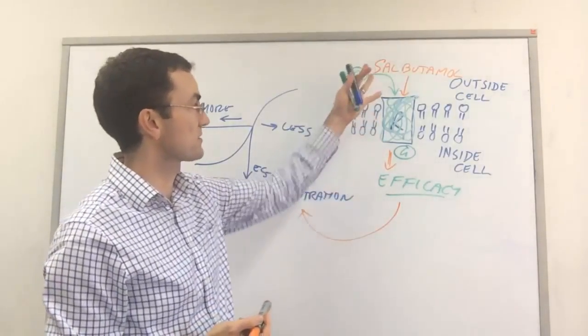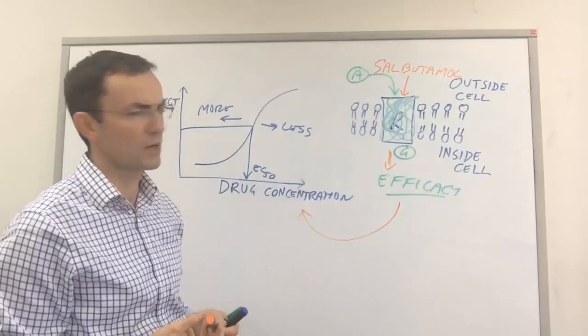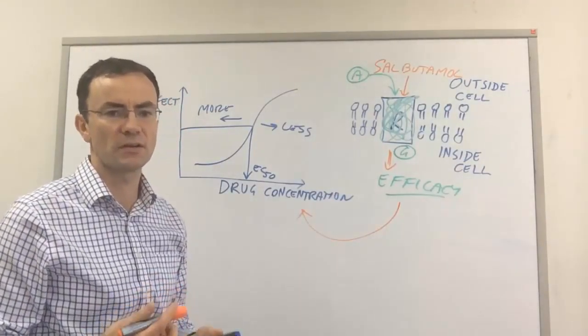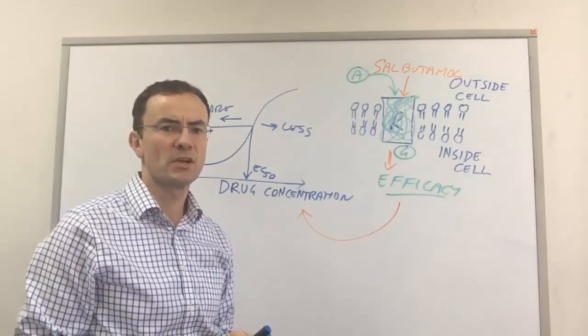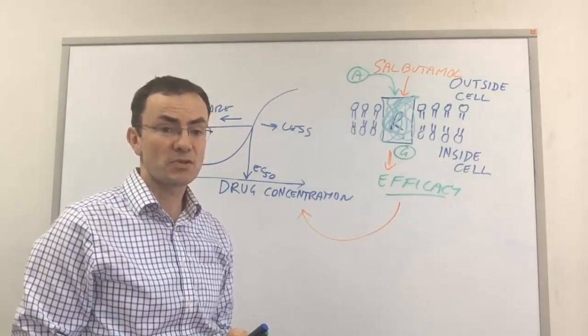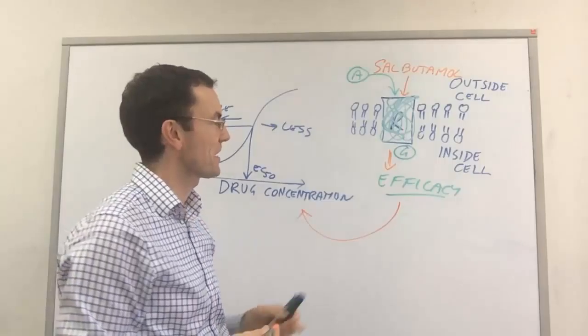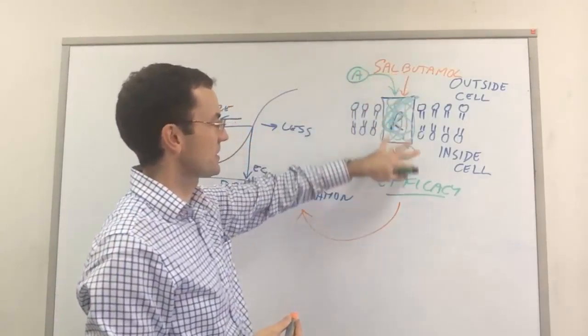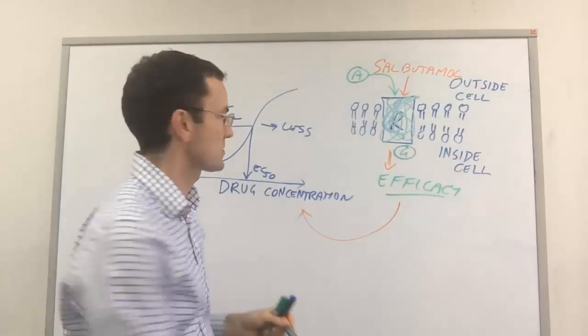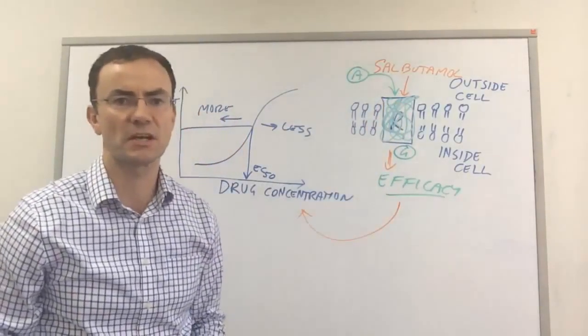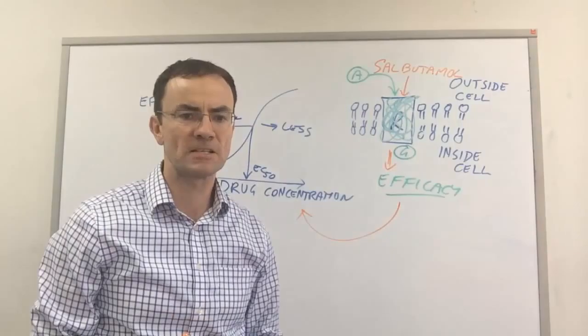I mentioned the case of salbutamol's low affinity and good efficacy. But high affinity and low efficacy is possible too. Sorry, if you have high affinity to the receptor, it's not necessarily the case that it will affect the G protein inside the cell. It depends on how well it changes the conformational state of the receptor, as I mentioned.